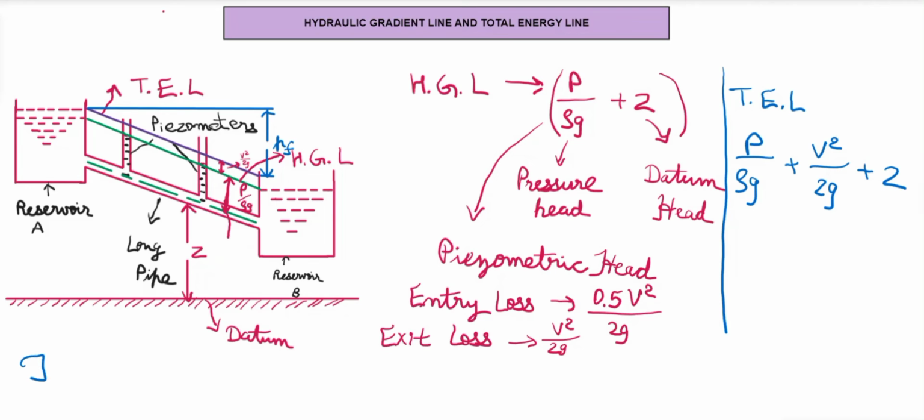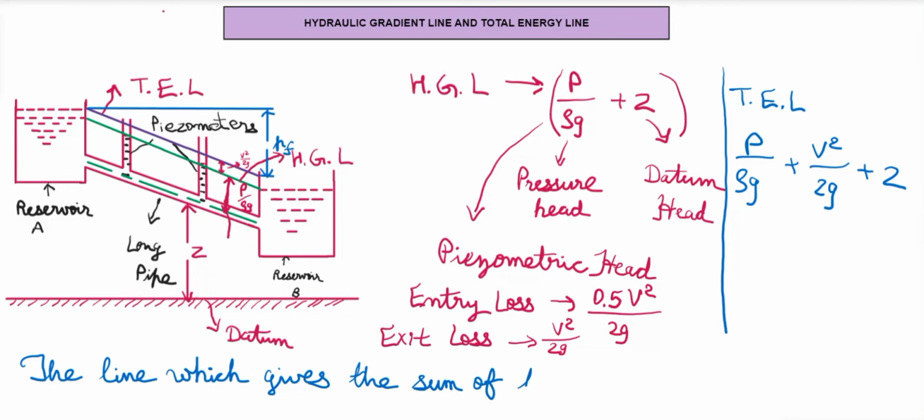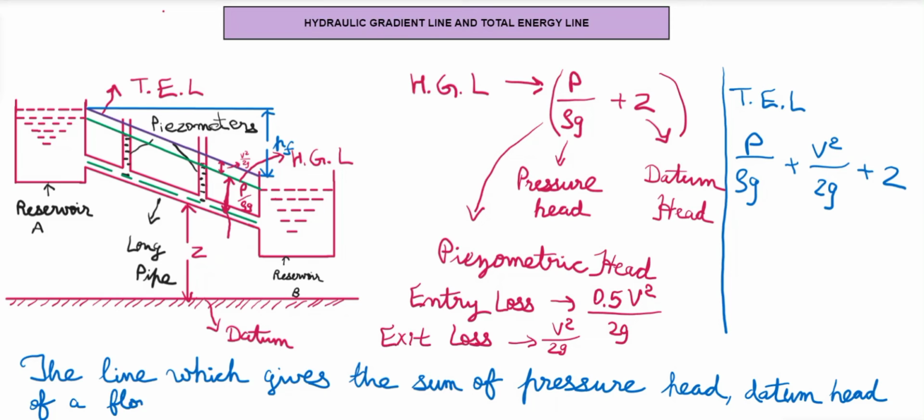Now I'll just define this. The definition says that the line which gives the sum of pressure head, that is P by rho g, datum head, which we represent by Z, of a flowing fluid in a pipe with respect to some reference line.